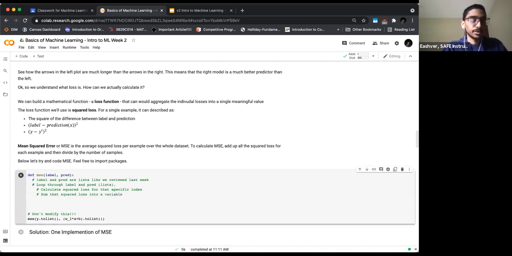And then from there, you could divide that sum by the number of samples in label/pred. And remember that label and pred are equal in length. Does that make sense, Julia? What you might be able to do?